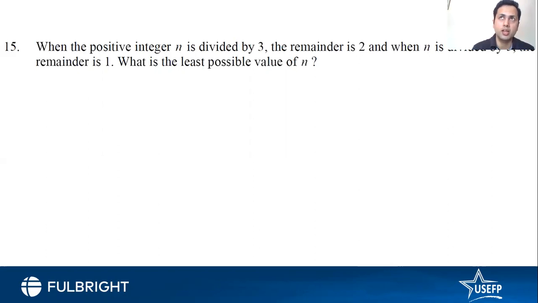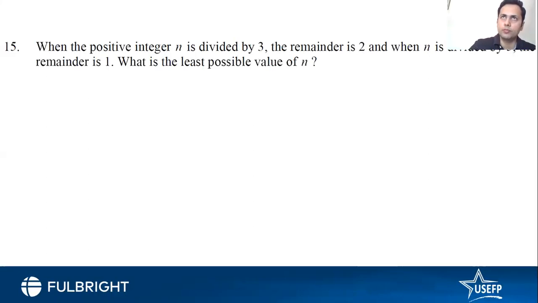All of 3, 6, 9, 12, the numbers that we get in the table, have a remainder 0 if we divide by 3. 3 divided by 3, the remainder is 0. 6 divided by 3, remainder is 0. 9 divided by 3, remainder is 0. But we want a remainder which is 2. So we need to add 2 to the values in that table.